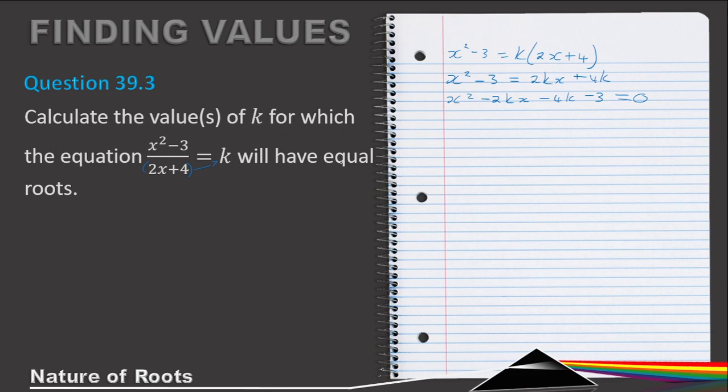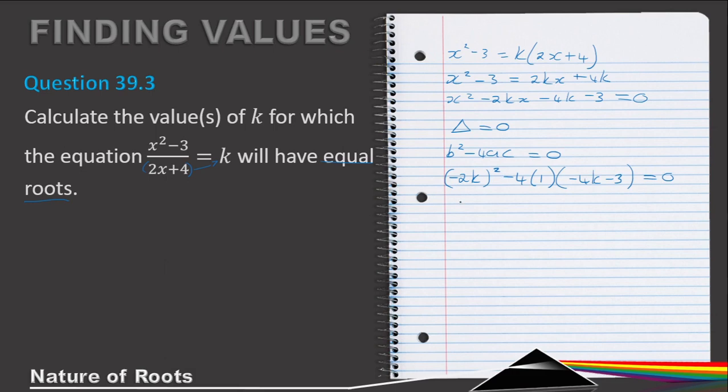Right, the key word is equal roots. So for equal roots, we know our discriminant must be equal to 0. Therefore, we have b squared minus 4ac equal to 0, and then we substitute in. So b is minus 2k, so we square that, minus 4, a is 1, and c is minus 4k minus 3, equal to 0.